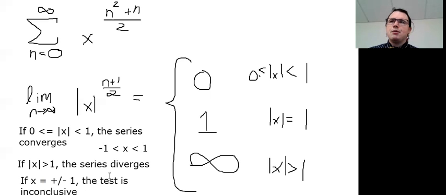Maybe I'll want to use the alternating series test if x equals -1. Maybe I'll want to use a comparison test if x equals +1, or maybe the basic divergence test, but something different from the root test. The root test is not going to be able to give me information for its 2 blind spots there. Okay, I think that's enough for this video.